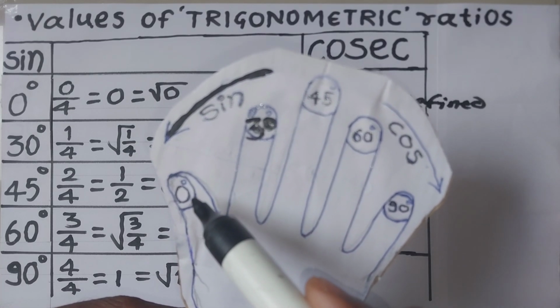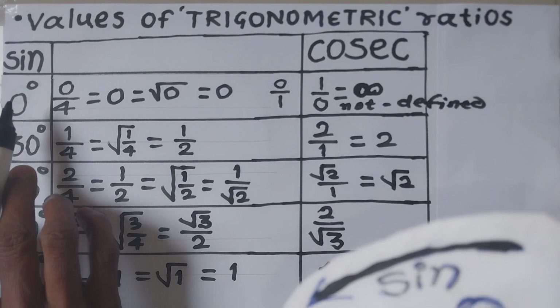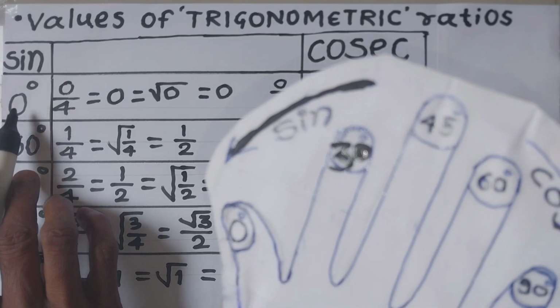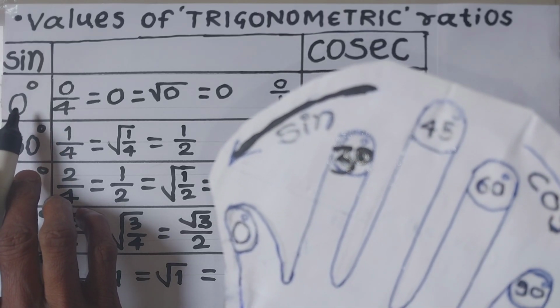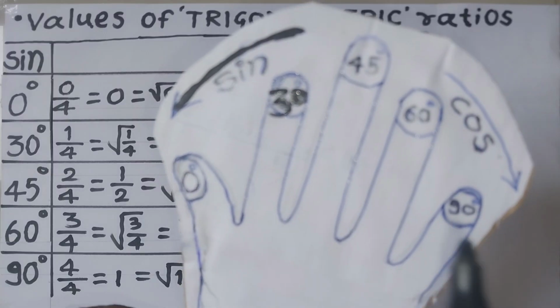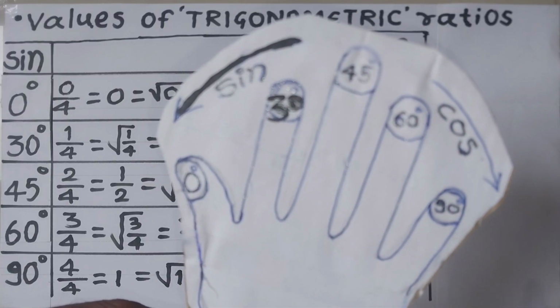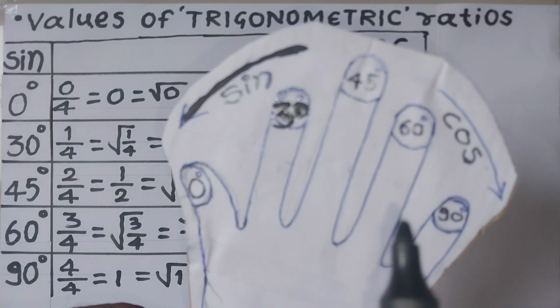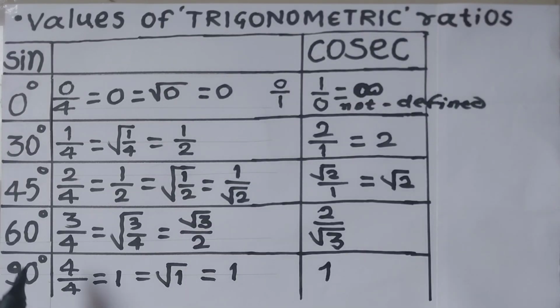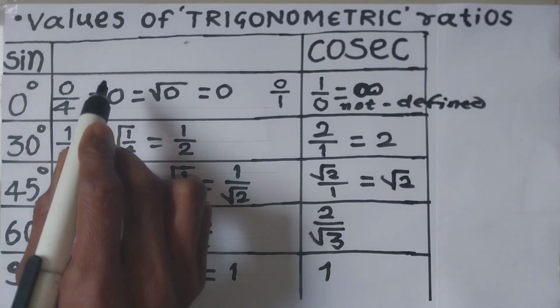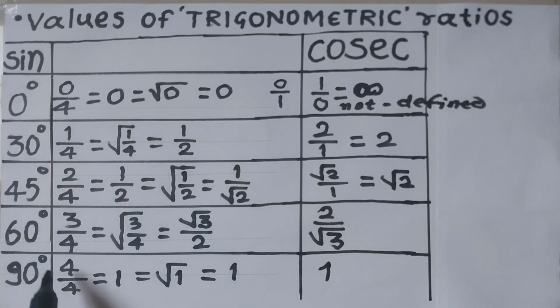Cos 0 degree. When we take cos 0 degree, look here carefully, how many fingers are to the right side, in the clockwise direction? 1, 2, 3, 4. Then we write cos 0, that is 4 upon 4, which is equal to 1.